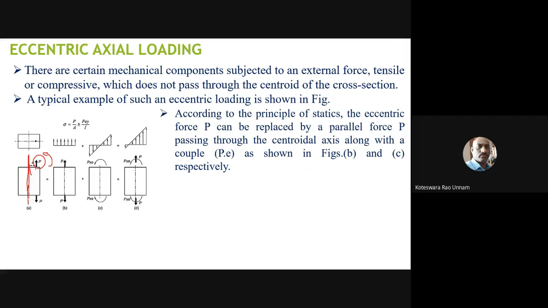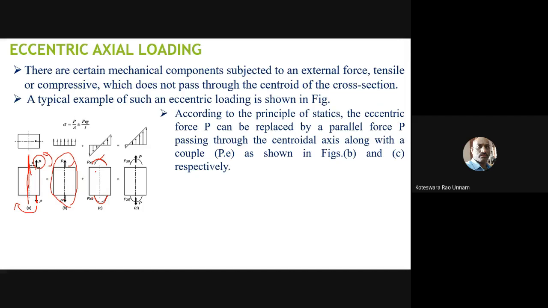So if I look from this point, I need to take the couple also in the anti-clockwise direction. For equilibrium, you have to apply it on both sides. Then only can you apply sigma F equal to 0, and it will be in equilibrium. In a similar manner, here you need to take a clockwise moment due to this force, so here it is in this clockwise direction.